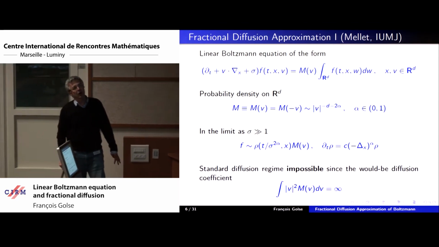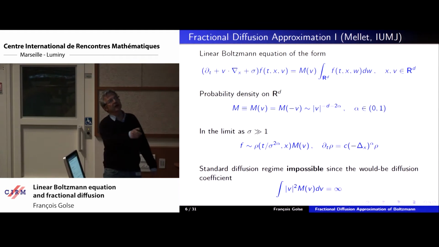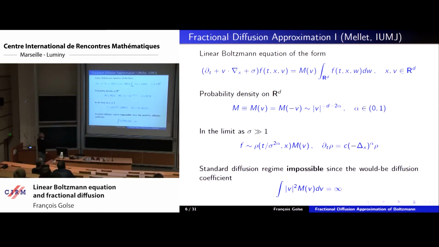What Antoine proves is that in the limit as the scattering rate sigma goes to infinity, f is going to look like a function of t and x, more precisely a function of t over sigma to the 2 alpha, times M of v.